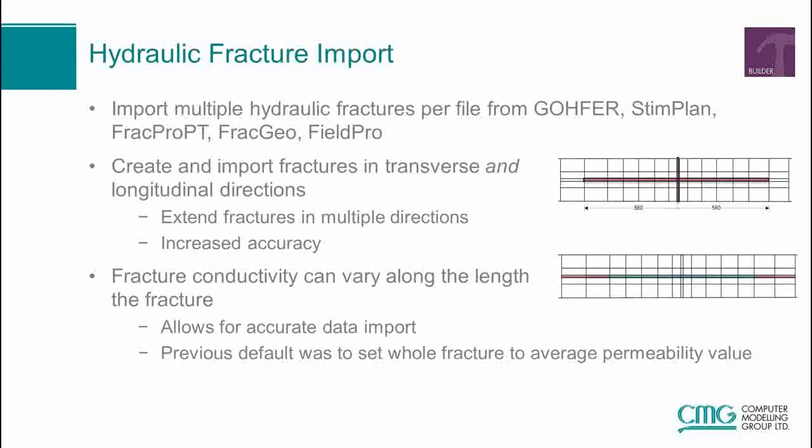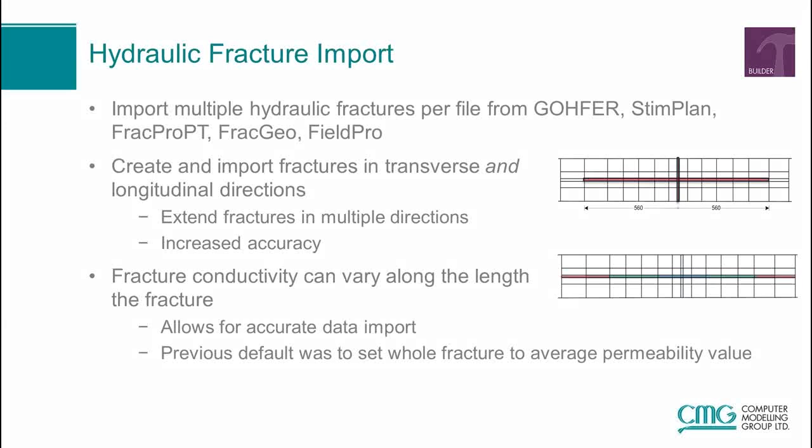We've had the ability from this previous year to import hydraulic fractures from third-party programs, such as Gopher, StimPlan, Frac Pro PT, Frac Geo, and Field Pro. What we can now do is import multiple hydraulic fractures per file, though. So rather than having to make one file for each individual one, you can now put them all into one, which greatly reduces the amount of time spent in this importation piece.